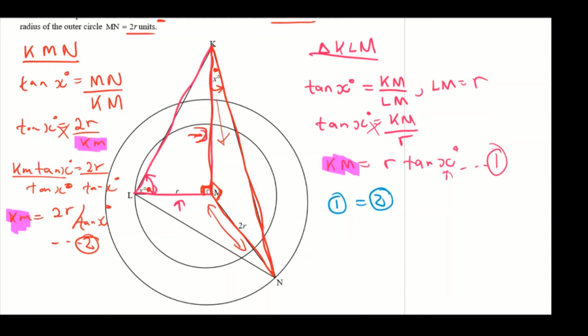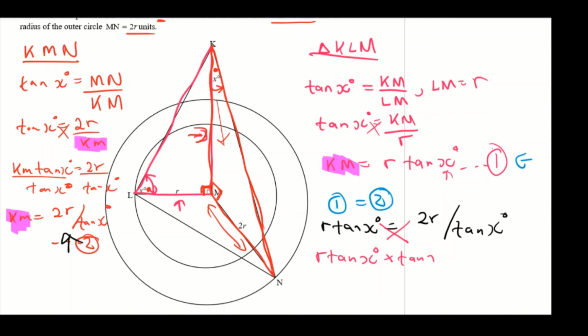Equation 1 is this one here. We're going to say r tan of x degrees is equal to equation 2, which is 2r divided by tan of x degrees. Then we cross multiply, so it's r tan of x degrees multiplied by tan of x degrees equals 2r.